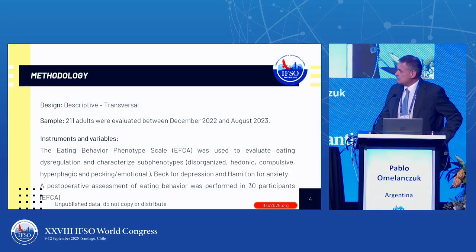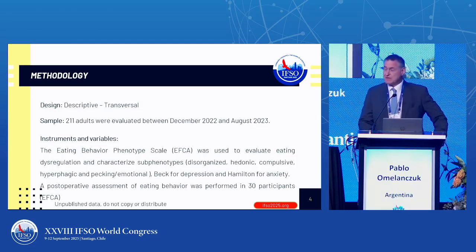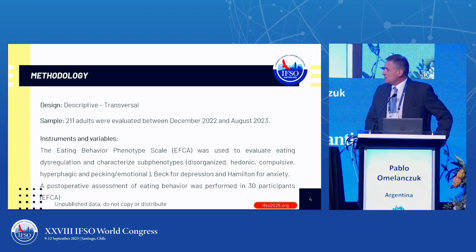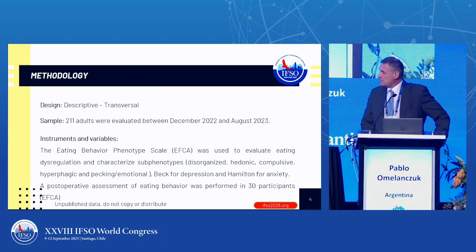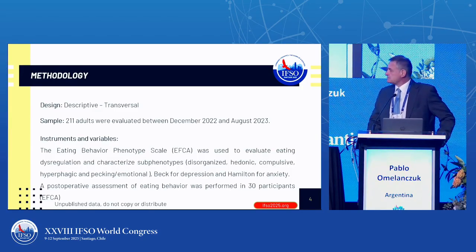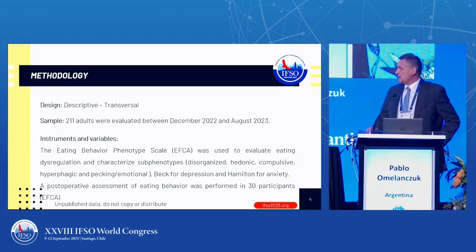The methodology was designed as a descriptive transversal study, and the sample was 211 adults that were evaluated between December 2022 and August 2023. The variables that we used were the eating behavior phenotype scale, used to evaluate eating dysregulation and characterize subphenotypes like disorganized, hedonic, compulsive, hyperphagic, and pecking emotional.